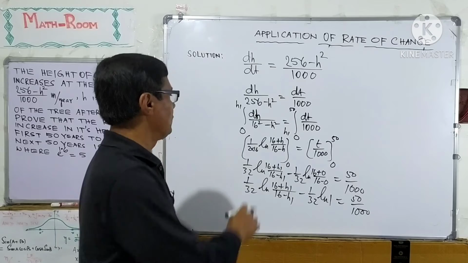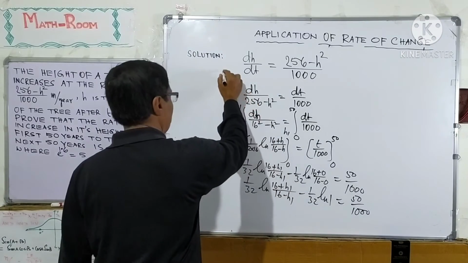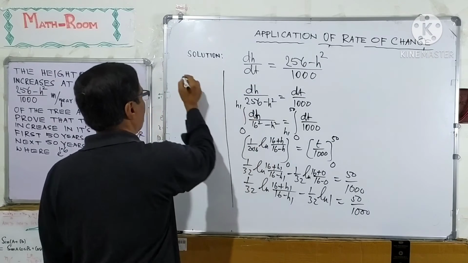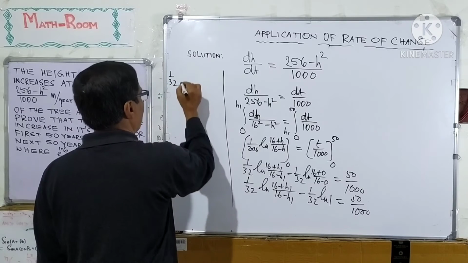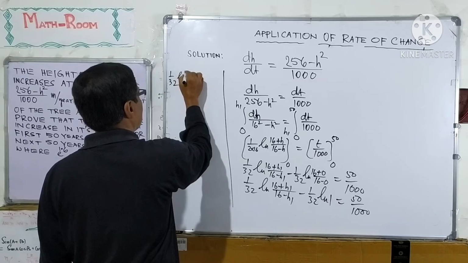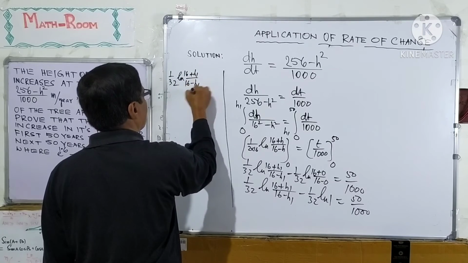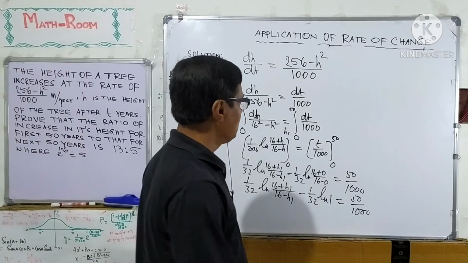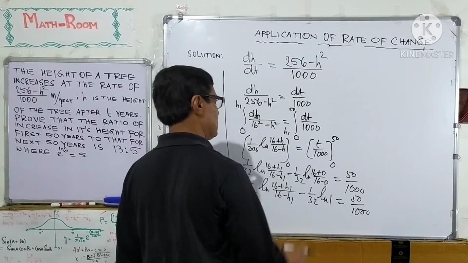The value of natural logarithm 1 equals 0, so this term vanishes.